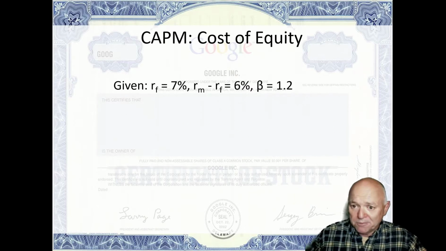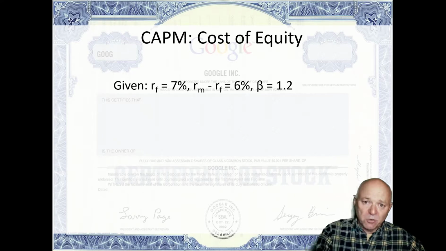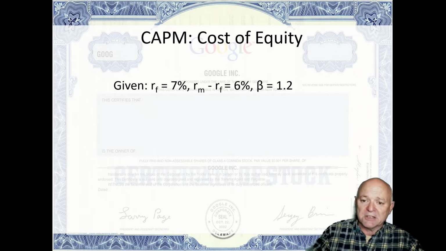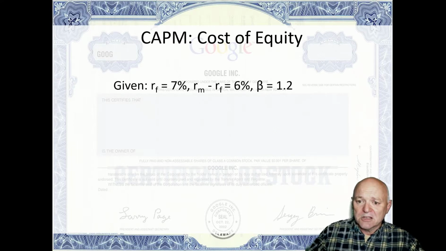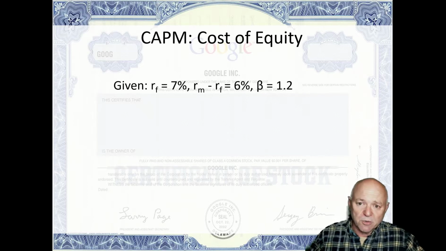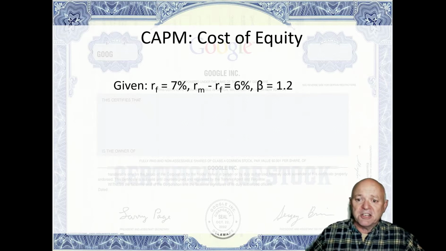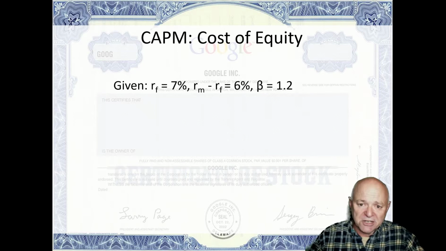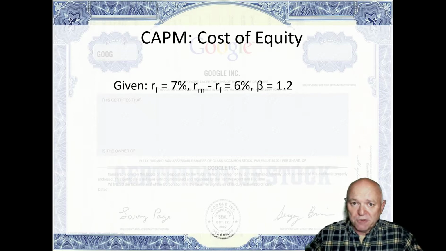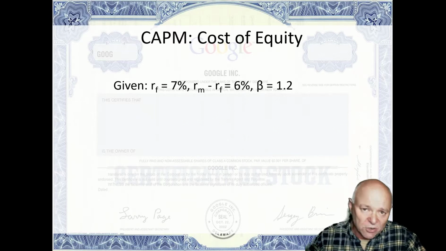The market premium is the difference between the market rate of return on average in the long term, we'll come back to that one in just a couple of minutes, and the risk-free rate. So if our market premium was 13% and our risk-free rate was 7%, 13 minus 7 would give us 6% as our market premium. And the beta is the measure of the firm-specific or idiosyncratic risk.